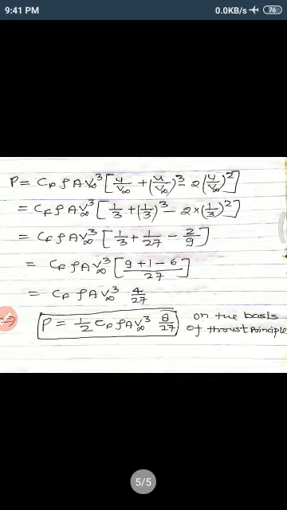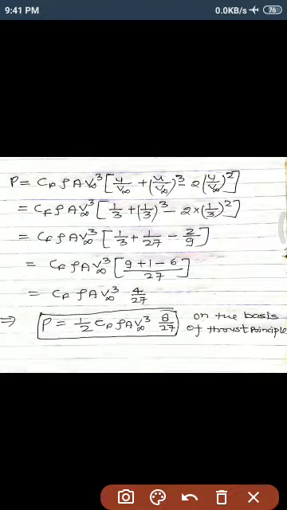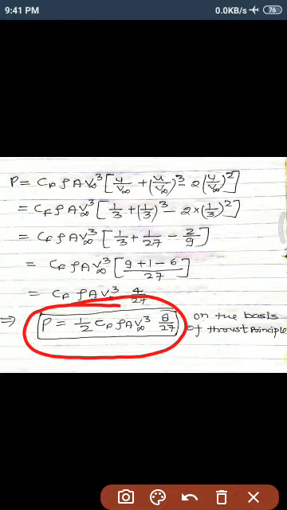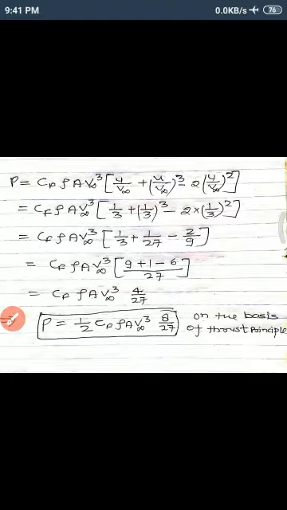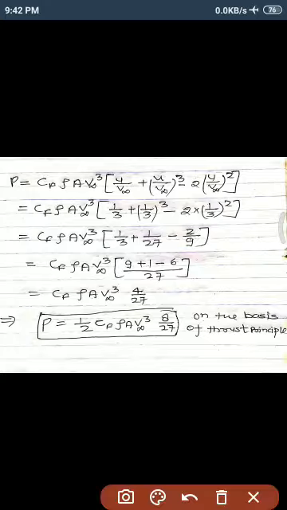After putting this value in the power equation, we get the maximum power as (1/2)ρAV³ into 8/27. That means if we calculate the power on the basis of the thrust principle, we get half the power of the previous case, because the factor was 16/27 there.